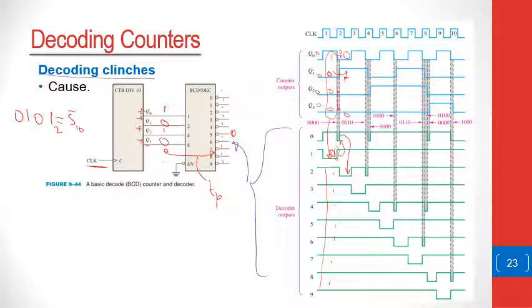So there will be a glitch at the output of the decoder. The decoder will first activate the 0 and then activate the 2 instead of just straight away activating the 2. And if you follow the same logic, this would happen even as you transition from 2 to 3, because there will be this transition which activates that, and then this will be activated, and then finally the count of a 3 will be activated. So these glitches will happen, and sometimes the circuits, the user applications making counters, may malfunction.